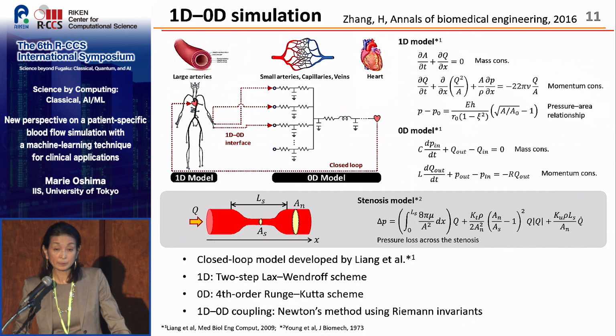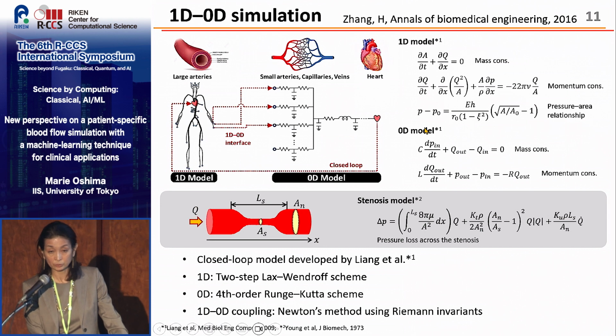So let me explain about the 1D, 0D simulation. If you're interested, please refer to the paper that we published. The 1D model consists of the continuity equation and the Navier-Stokes equation in 1D. And also we consider the compliance of the blood vessels.